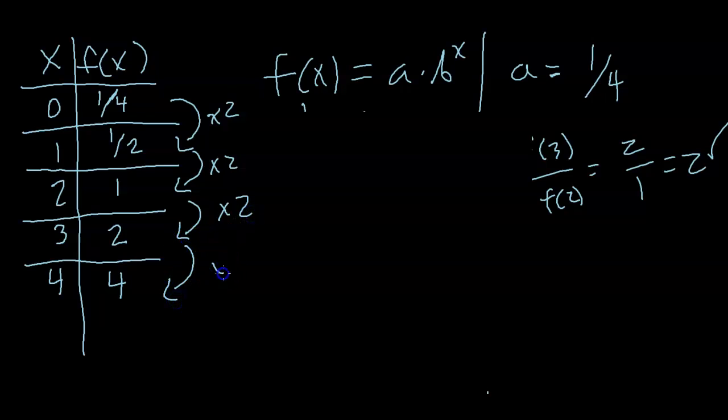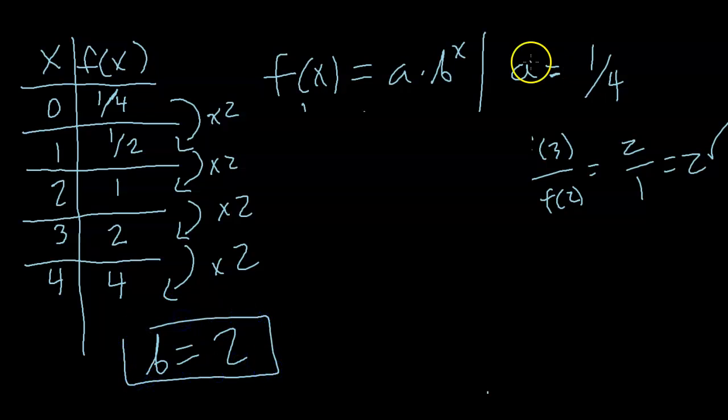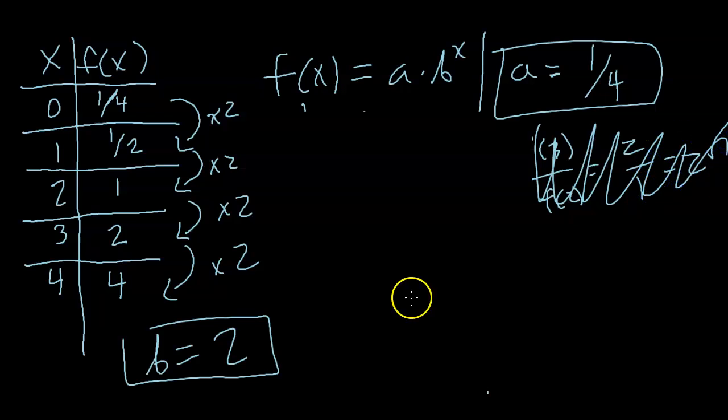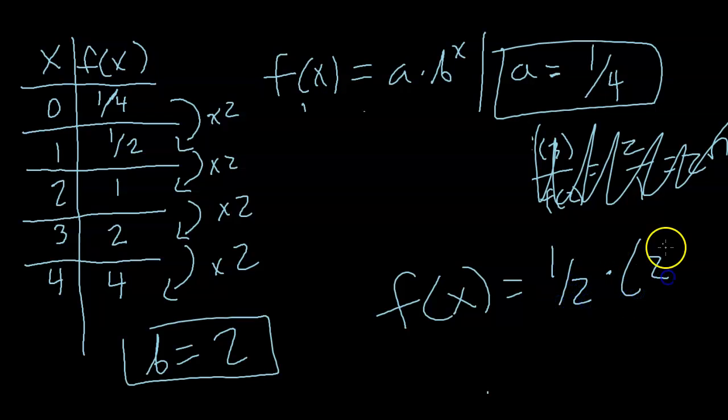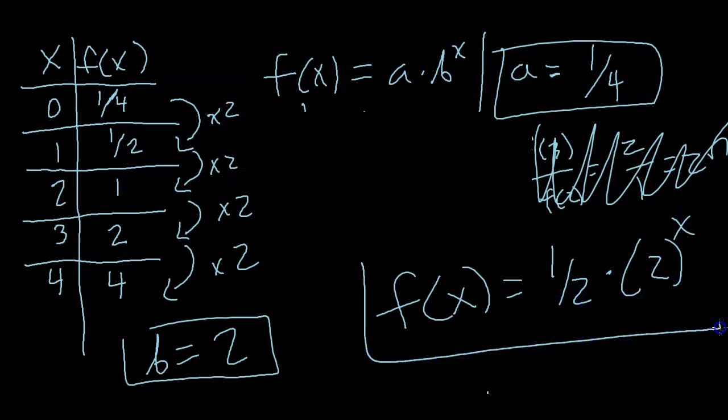Positive 2 times 2 is 4, right? So in general, we know that our common ratio is positive 2. We know our initial value is positive 1/4. So we can write f of x equals 1/4 times 2 to the x power.